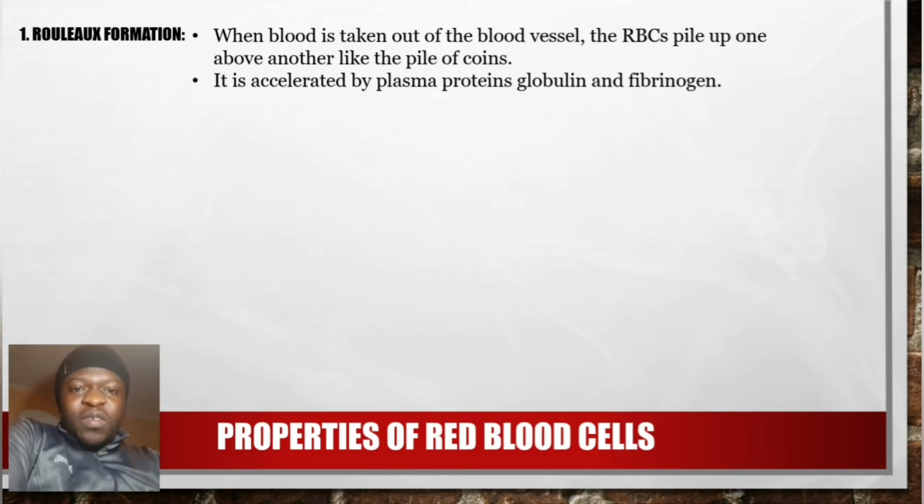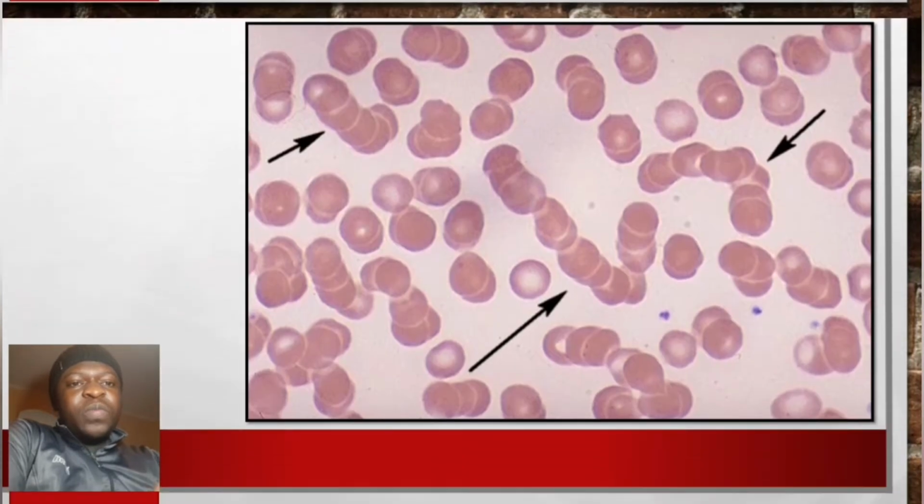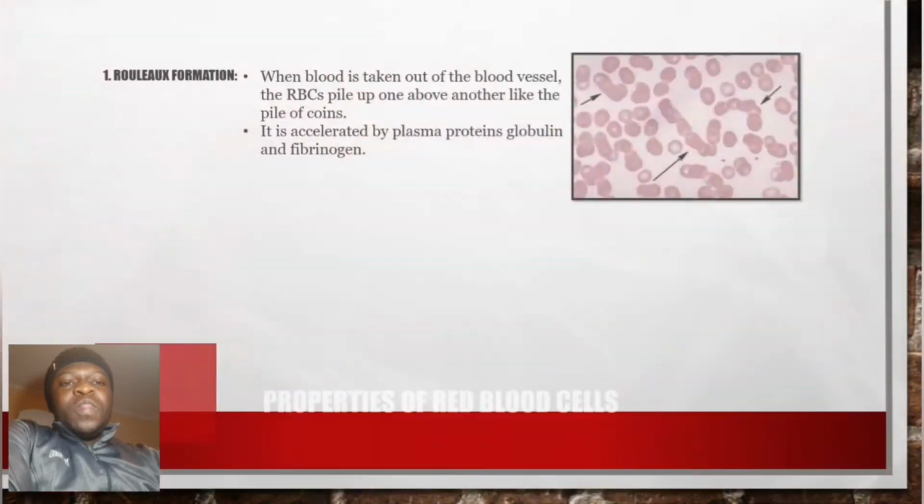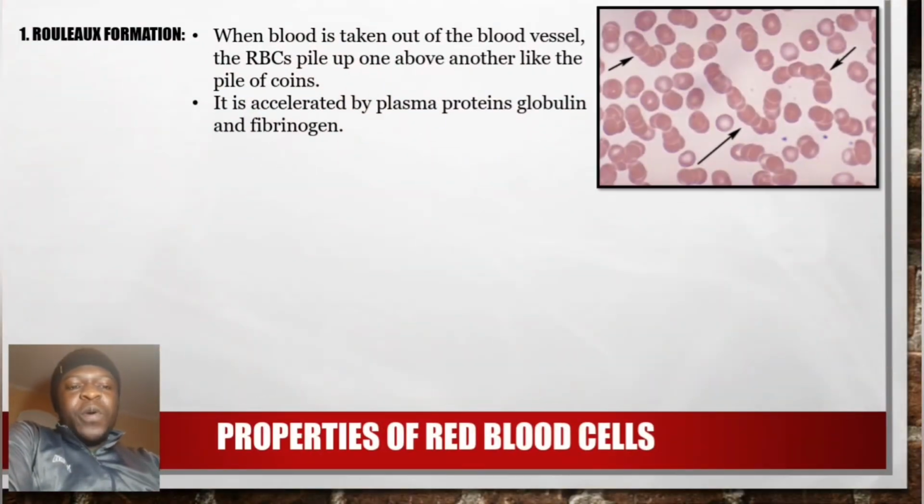This property is accelerated by plasma proteins such as globulin and fibrinogen. It looks like this, you can see piles of coins. That's rouleaux formation. That is the first property.